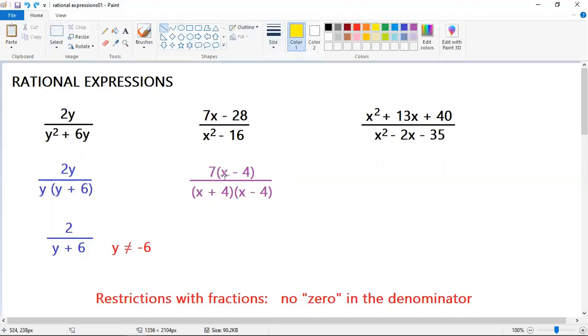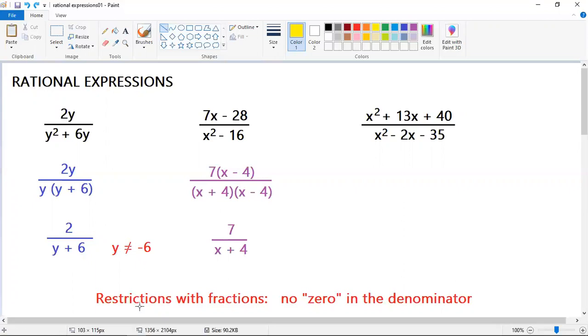We are left with 7 over x plus 4. Again, we cannot reduce this anymore, so this is the final answer.